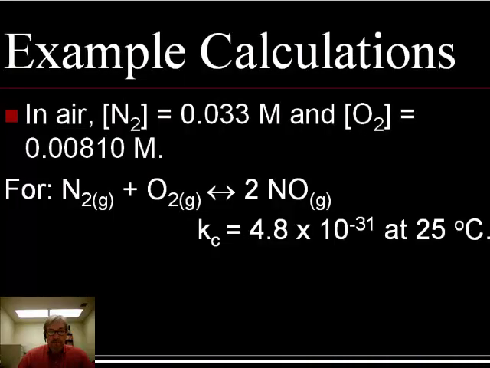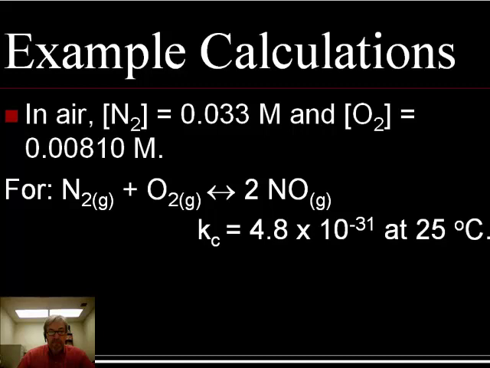This problem says in air, the concentration of nitrogen is 0.033 molar, and the concentration of oxygen is 0.00810 molar. In atmospheric air, these are actual values at 25 degrees C. So there's a reaction that can occur between nitrogen and oxygen and produces nitrogen monoxide.